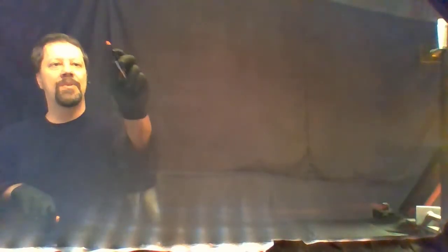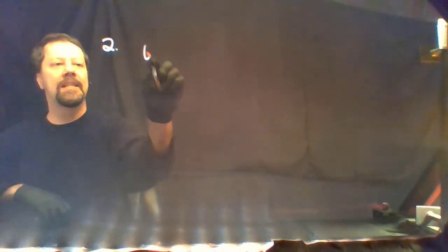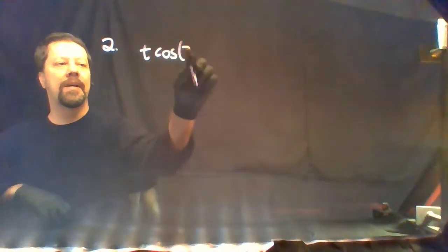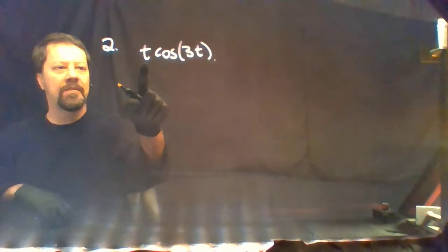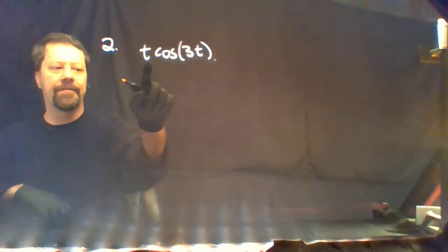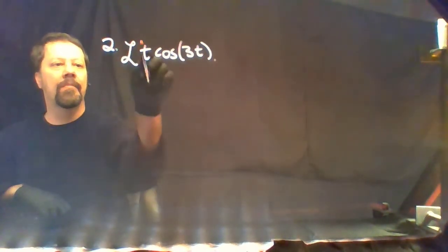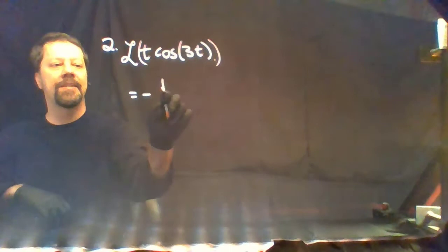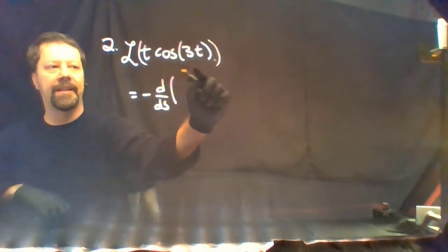On problem 2, I ask you to calculate the Laplace transform of several functions. We'll begin with t cosine of 3t. When we calculate the Laplace transform of a function having a coefficient of t, the effect of the t is minus the derivative of the Laplace transform of everything else.